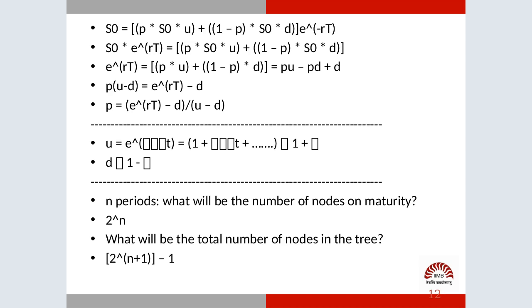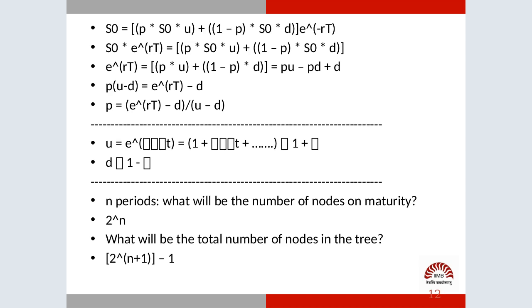You can go up or go down, so you go to 2 nodes. When you have gone up, again you can go up or down, so 2. You go down, go up or down, 2. So 2 and 2 is 4. 4 gets you 8, 8 gets you 16, 16 gets you 32, and so on. That is nothing but 2 raised to the power of n. So the number of nodes on maturity is essentially 2 raised to the power of n.